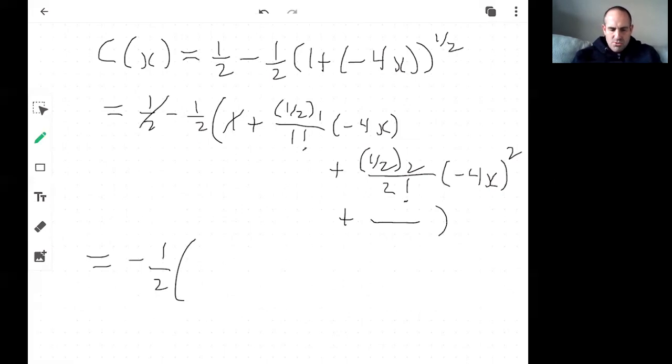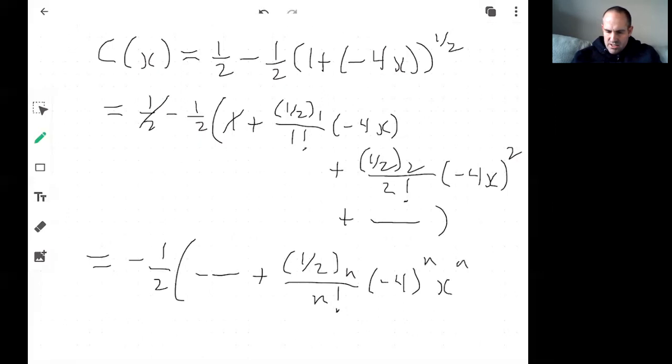So it's going to be dot, dot, dot, plus 1/2 Pochhammer symbol n over n factorial, and then it's negative 4x to the n. I'll write that as negative 4 to the n, x to the n. That is what the generic term is here.